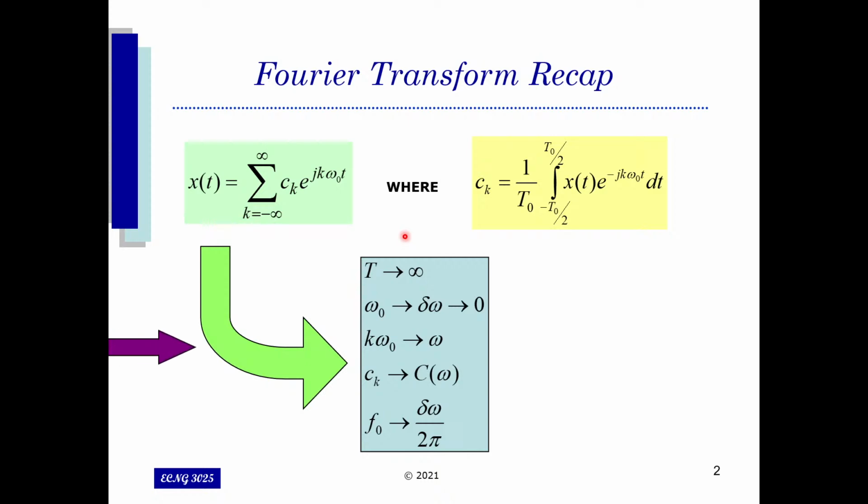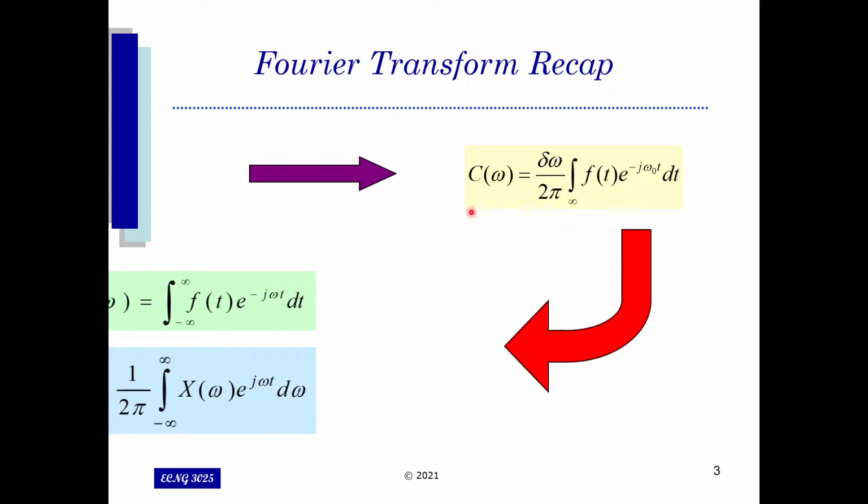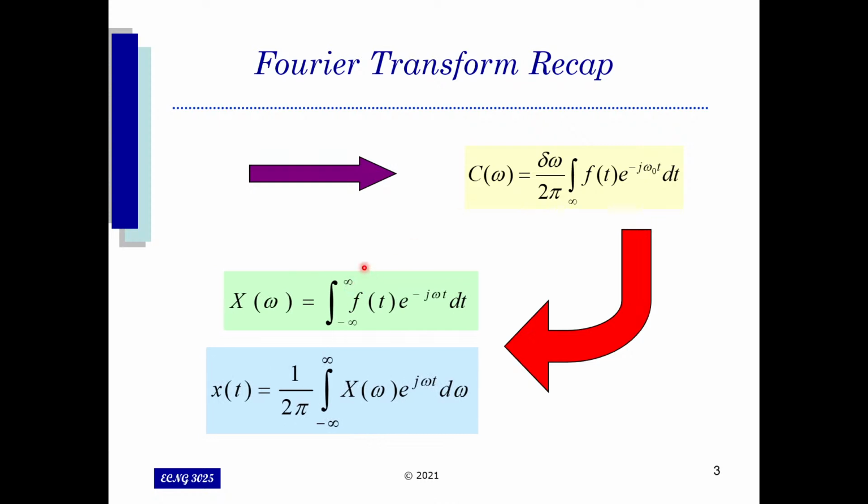We also saw that we could evolve the CTFT here by doing a little more mathematical substitutions and so forth into what we refer to as our DTFT, given by these equations here, by the X of omega and the x of t as such.